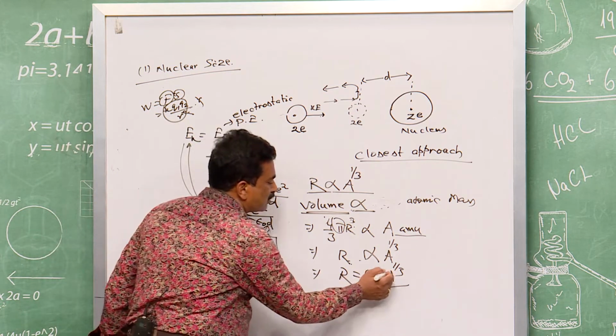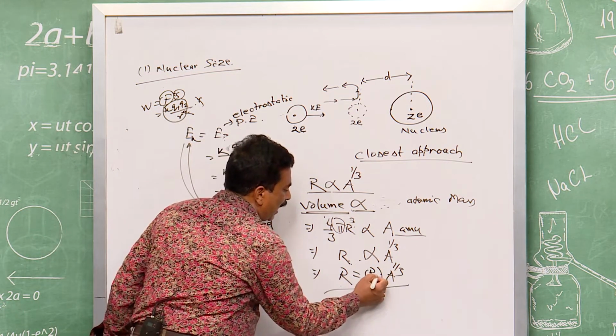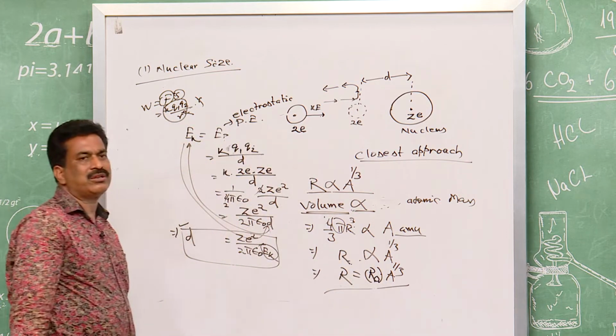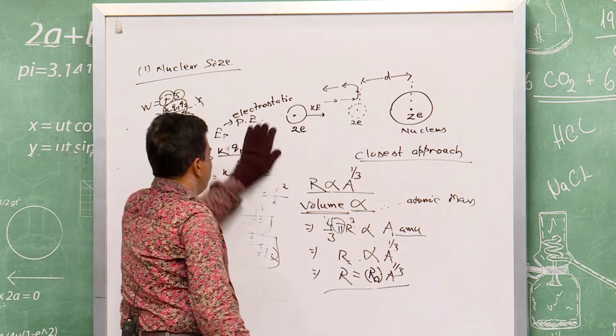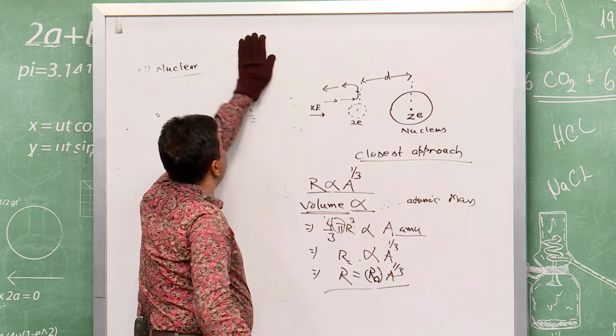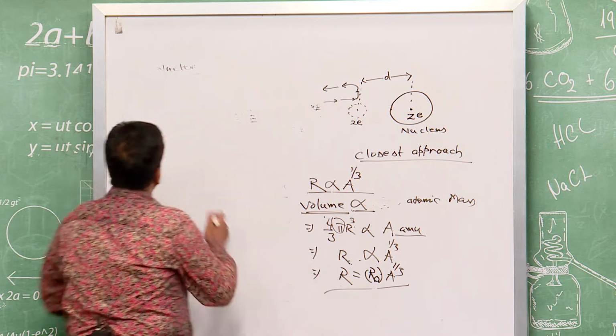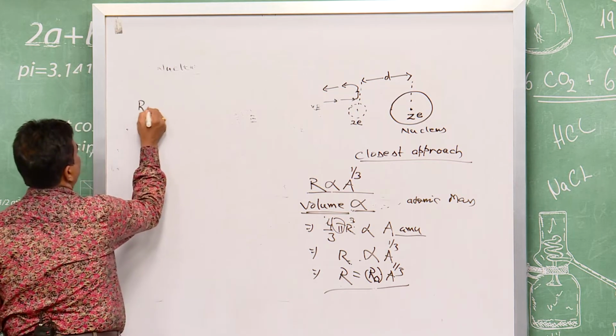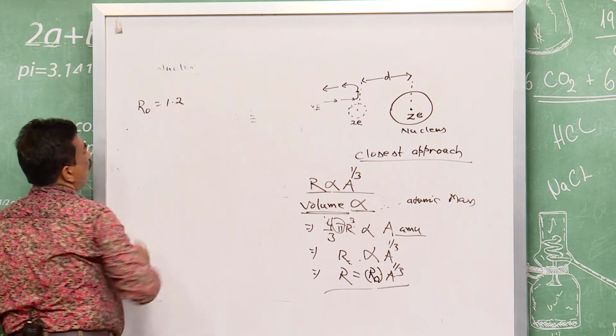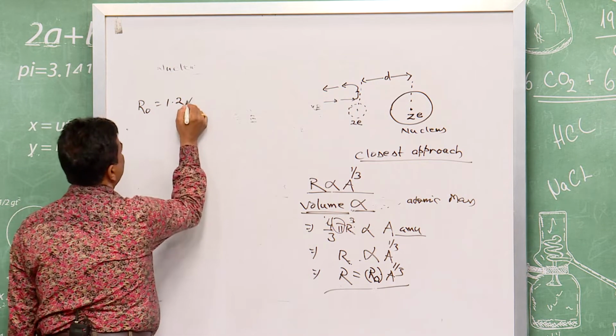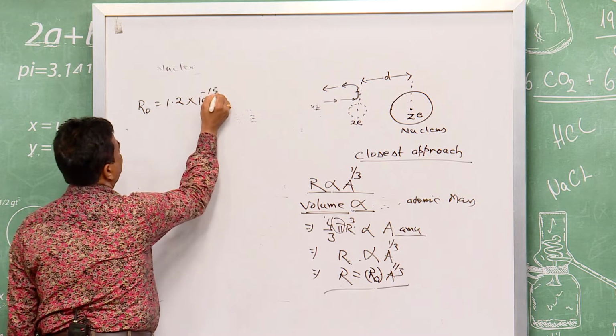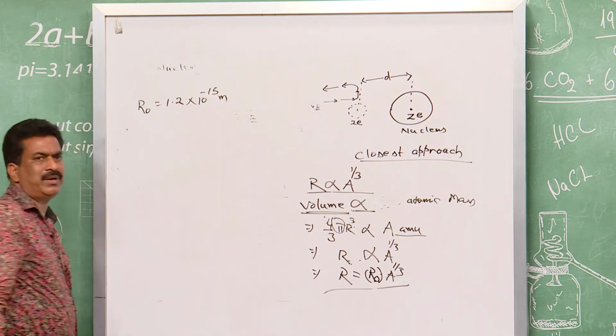So R is equal to some constant times that, and that constant is R0. The value of R0 is equal to 1.2 into 10 to the power of minus 15 meter.